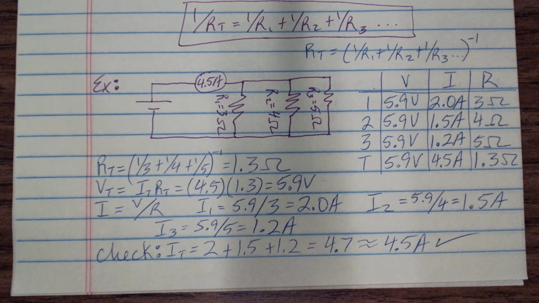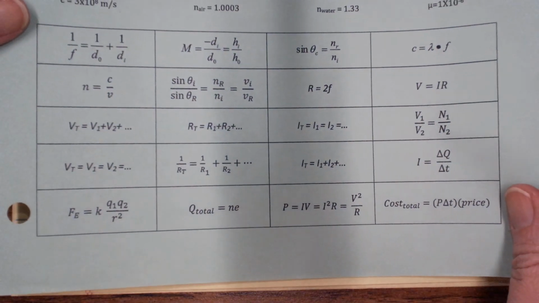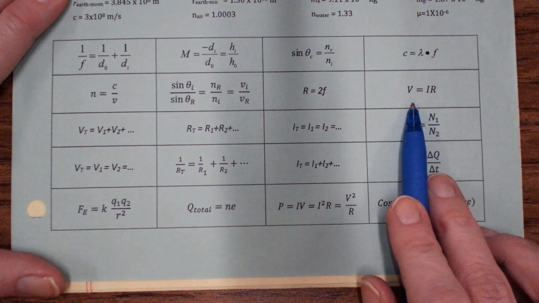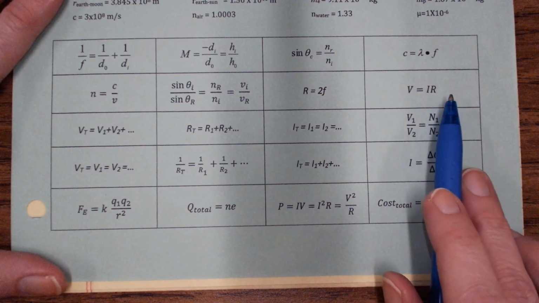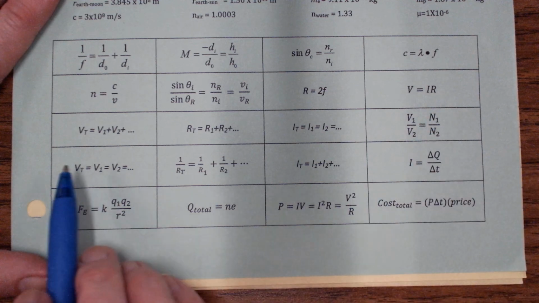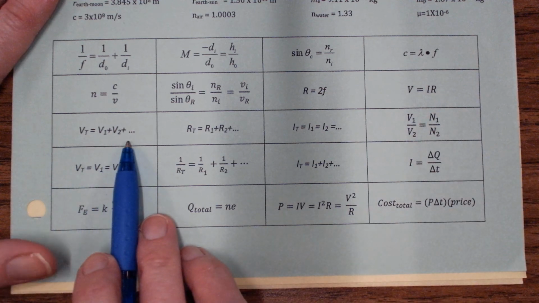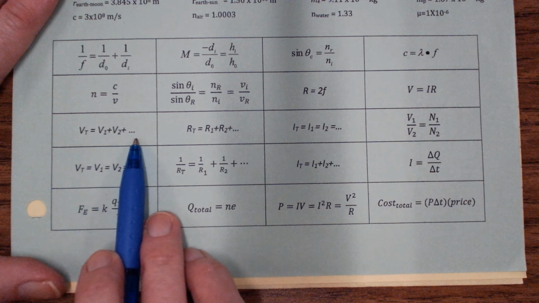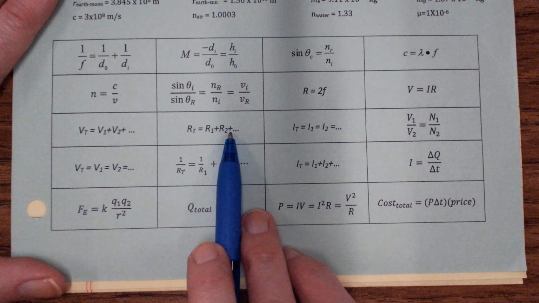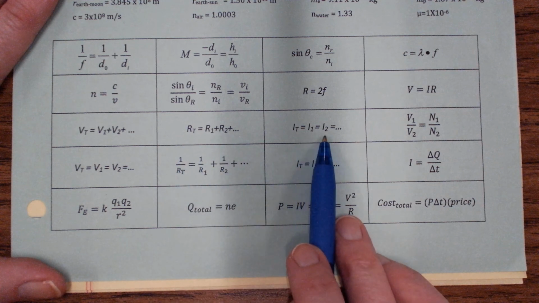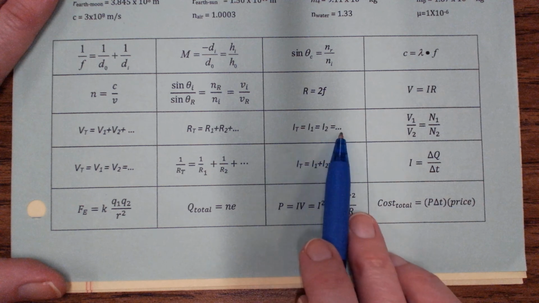Now, these formulas that I just went over, they are on your formula sheet. Okay, so there's Ohm's law, V equals IR. That we're using over and over again. And then this is for the series. V total, that's for the series. R1 plus R2, that's R total, that's for series. And I total equals I1, which equals I2, that's for series.